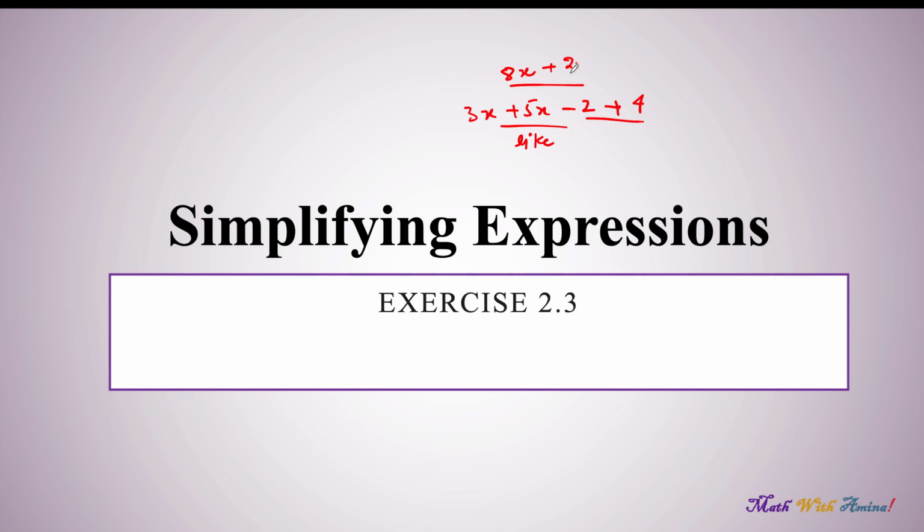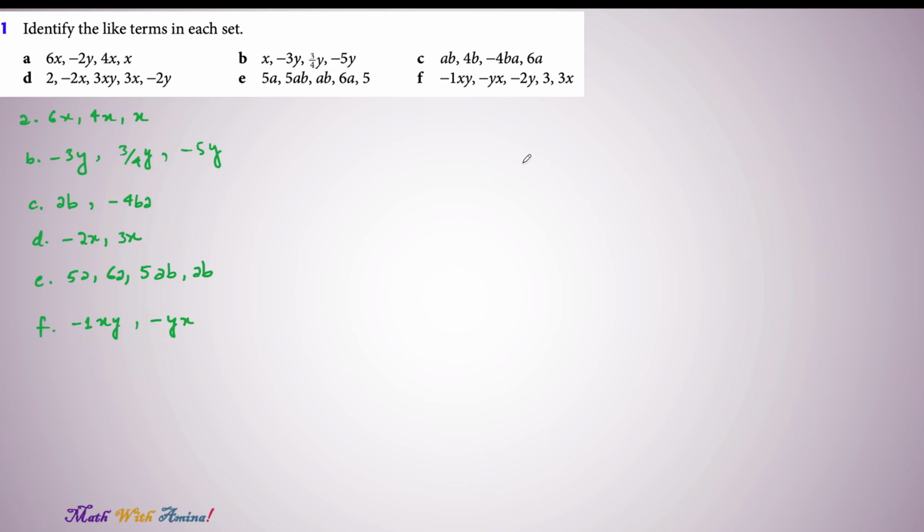Now, to understand the like terms, there are certain characteristics of the like terms that we have to consider when we perform the different operations on them. In order to understand that, we have to solve our very first question, which is on identifying the like terms in each set. The like terms are the terms that have exactly the same variable part.